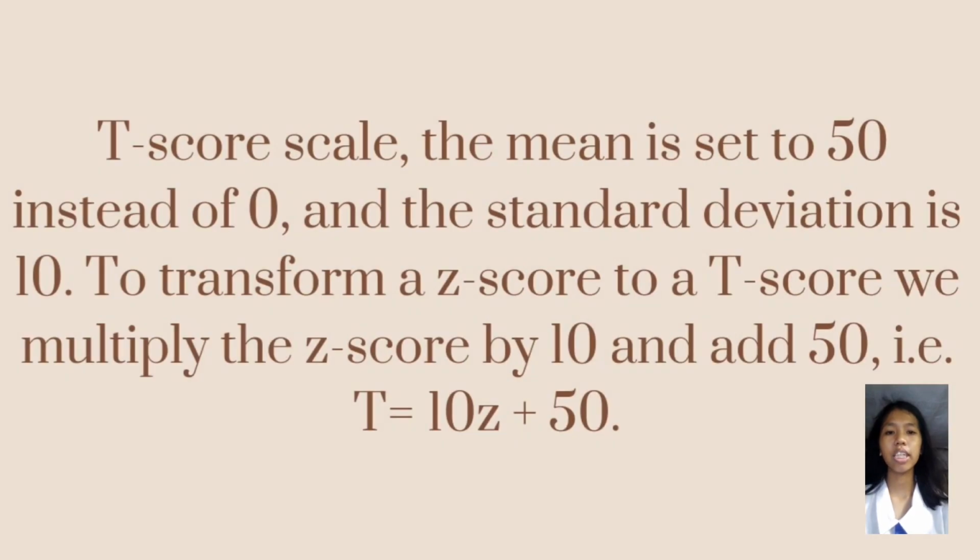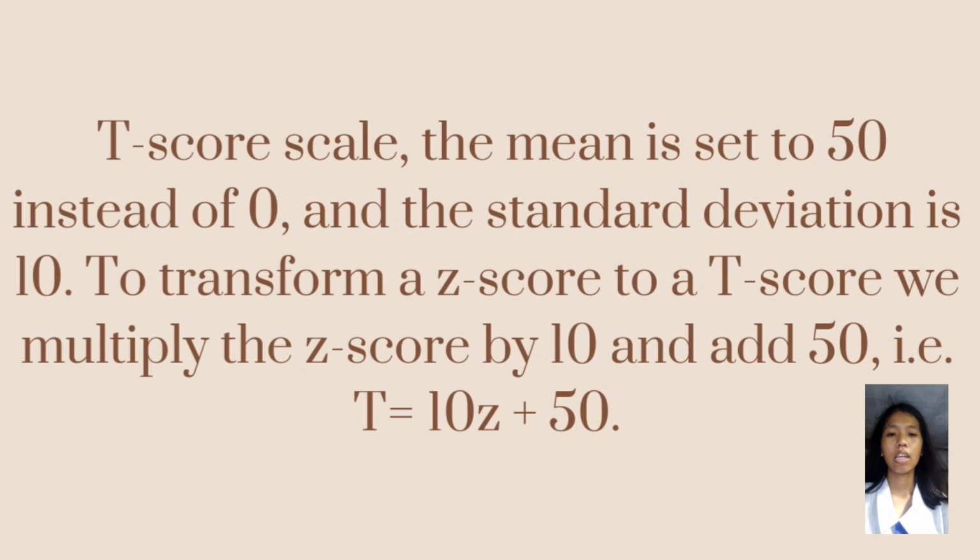In a T-score scale, the mean is set to 50 instead of 0, and the standard deviation is 10. To transform a z-score to a T-score, we multiply the z-score by 10 and add 50. So, T is equal to 10z plus 50.